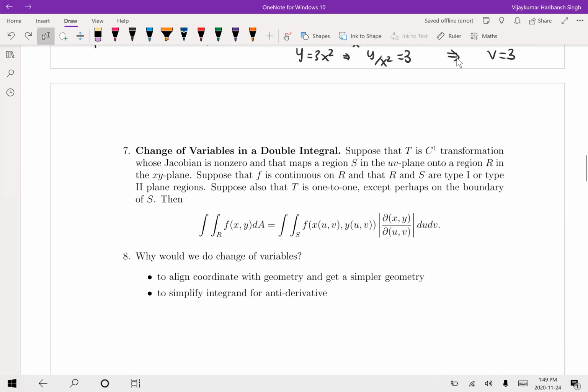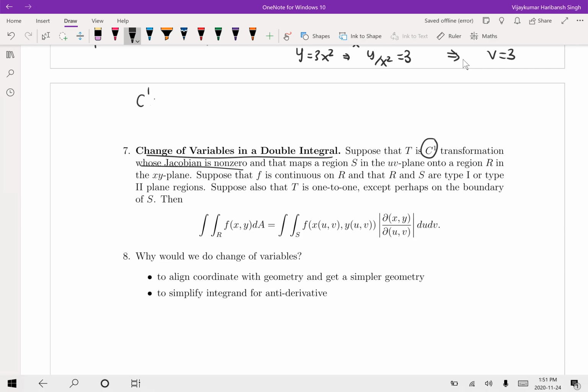This theorem tells us how the change of variables in the double integral works. Suppose T is a C1 transformation. What is a C1 transformation? It is a transformation that is continuously differentiable and has an inverse, whose Jacobian is non-zero.